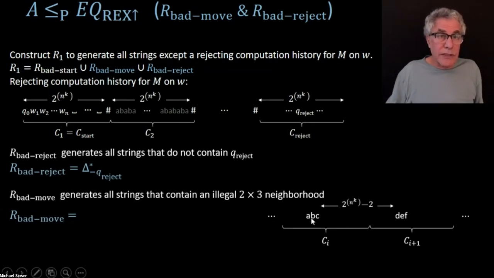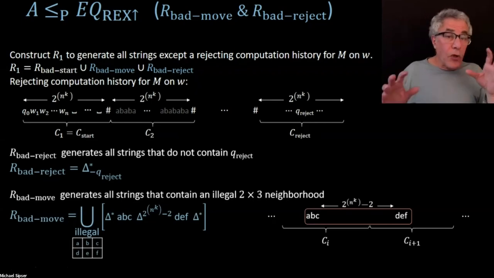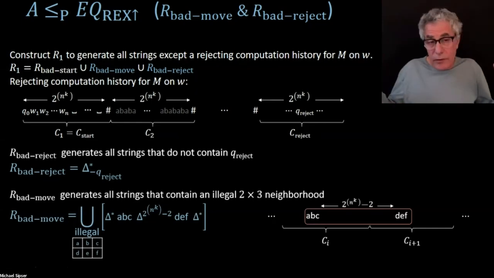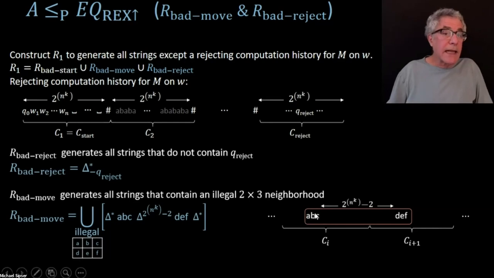The neighborhood, so this is A, B, C, and D, E, F, but now it's an illegal neighborhood. D, E, F does not follow from A, B, C. If all the neighborhoods are legal, then the whole computation is a legitimate computation, provided it starts and ends correctly. So if it's not a legitimate computation, there's got to be an illegal neighborhood somewhere. And I'm going to describe all strings that have an illegal neighborhood.